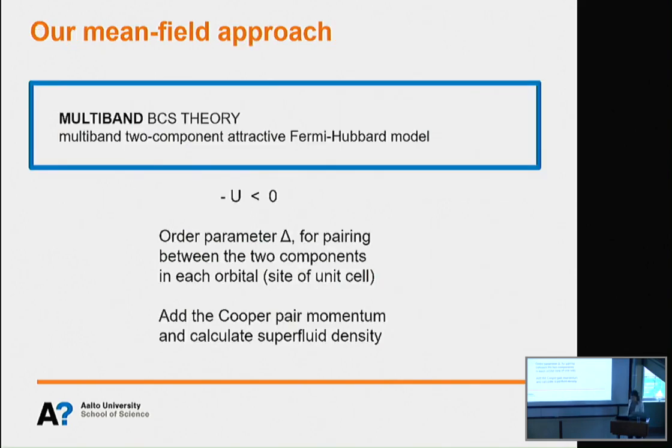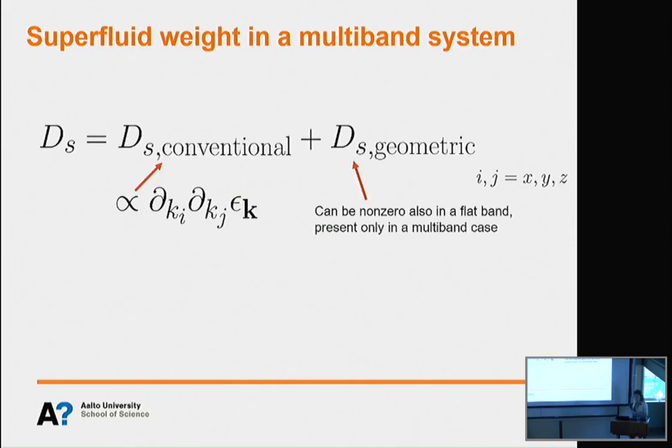And we calculated first using multiband BCS theory. So all these systems where we can have interesting results must have multiple bands and attractive interactions, and we define the order parameter, and then we calculate the superfluid density, and this is the essence of the result.